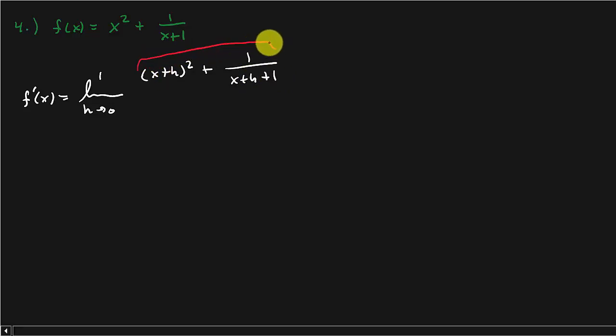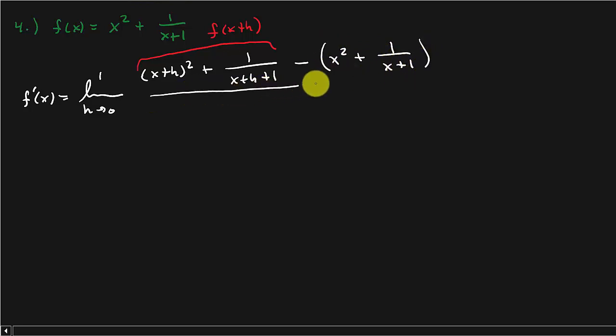We replace this x with x plus h and this x with x plus h. And then that's minus f of x. Well, what's f of x? It's these two terms here, so that's x squared plus 1 over x plus 1. And that's all in parentheses, minus the whole thing. And then that's over h.